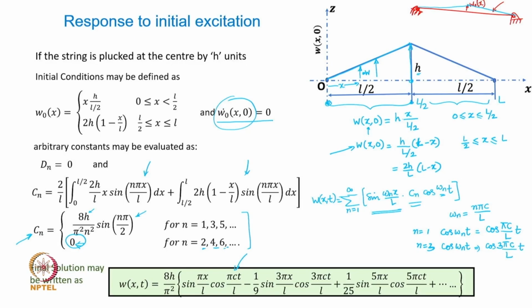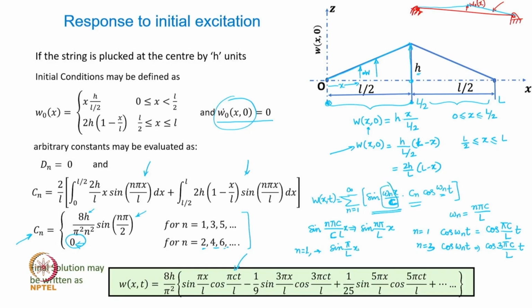Okay, now this is cos omega n t, and then sine omega n x by L. Omega n is again n pi c over L, and I have only replaced omega by c, so it has to have x also here.